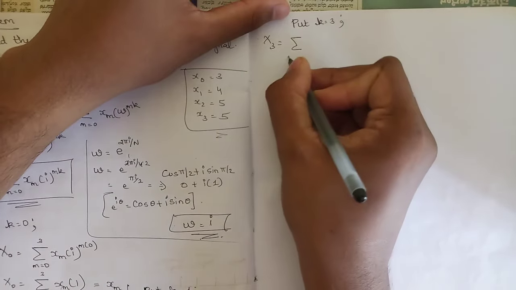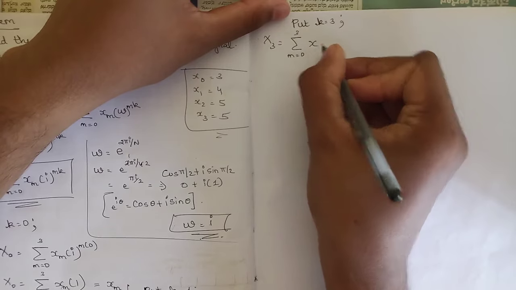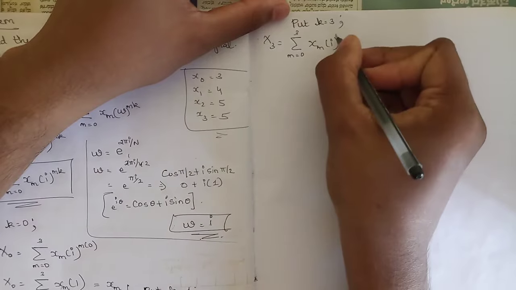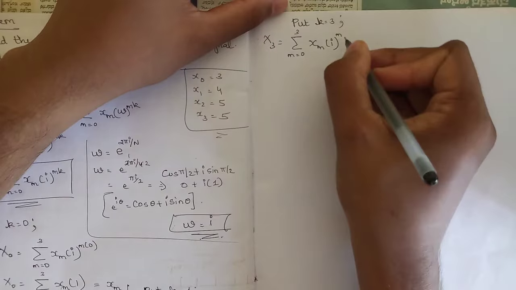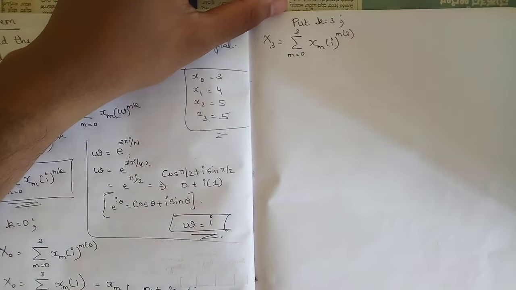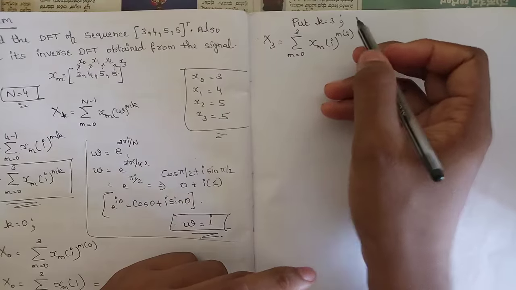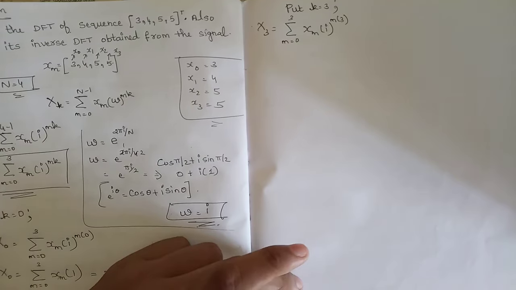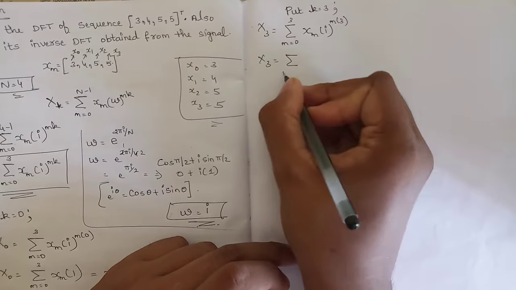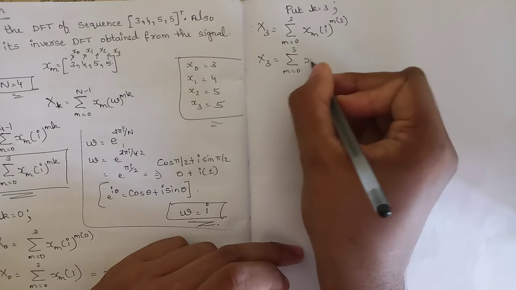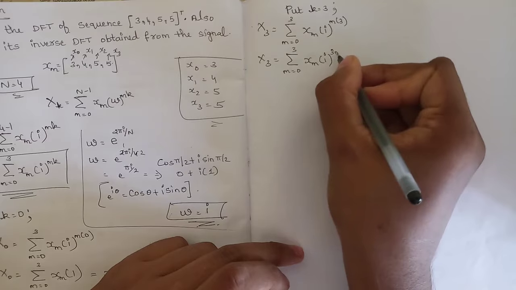Again it is summation n tending from 0 to n minus 1, that is 3, of xn into I to the power n into 3. Okay, so I've skipped k is equal to 2, after this I'm going to do it. x3 is equal to summation n is equal to 0 to 3 of xn into I to the power 3n.